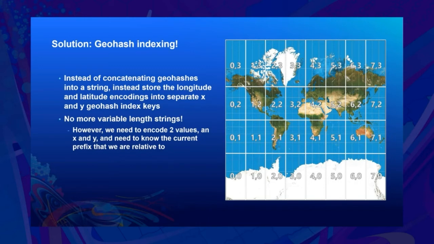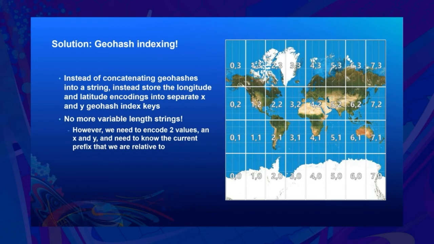However, we now need to encode 2 values in x and y, and we've lost a little bit of information. Before, the length of the string was used to denote what the current prefix is. Here we've lost that information, so we also need to somehow know in a given context what the prefix length is, and what we are relative to.